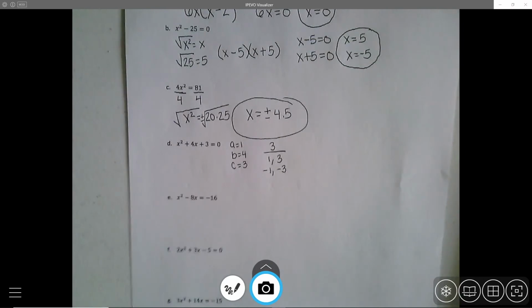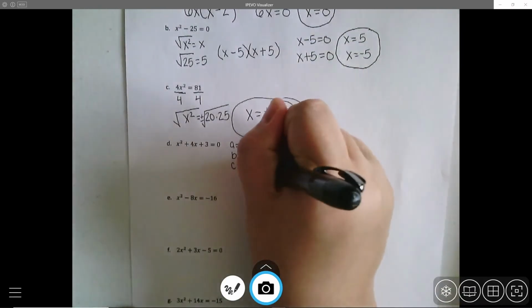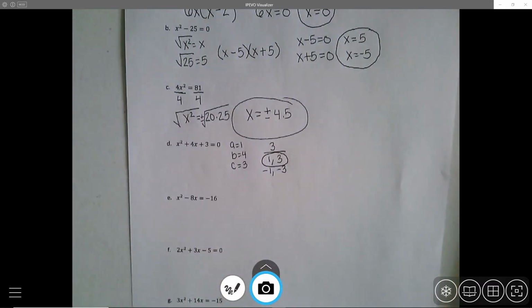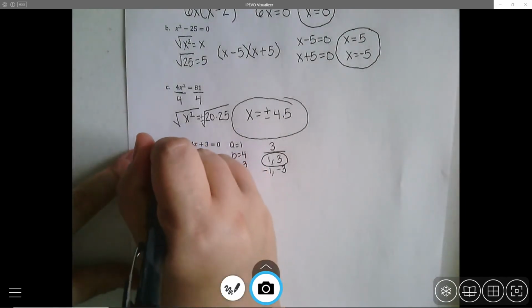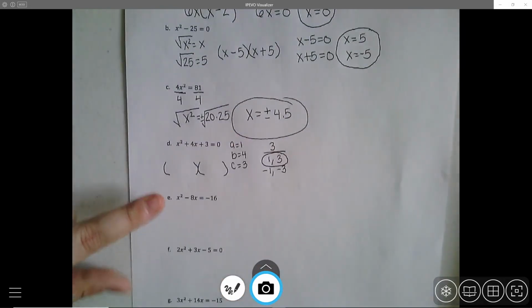Once you have written out your factors of C, you're looking for the ones that add to your B value. Out of those factors, the only ones that add to 4 are 1 and 3. Now, when A equals 1, factoring this was pretty easy. You have your 2 parentheses.